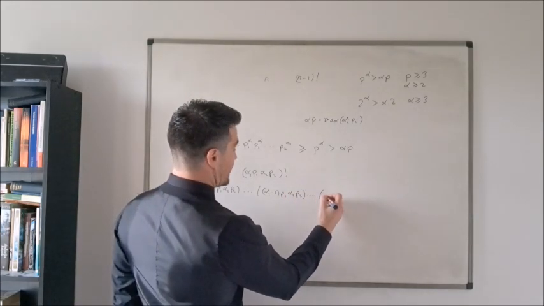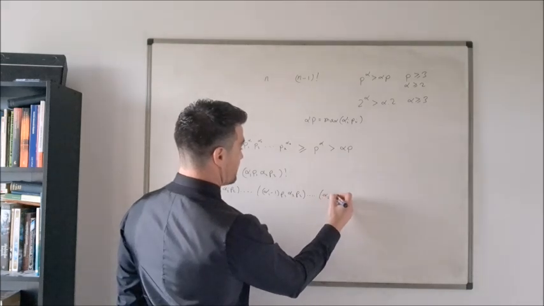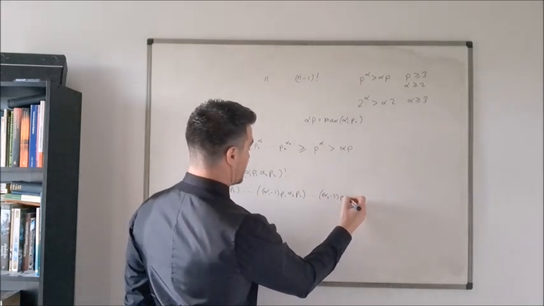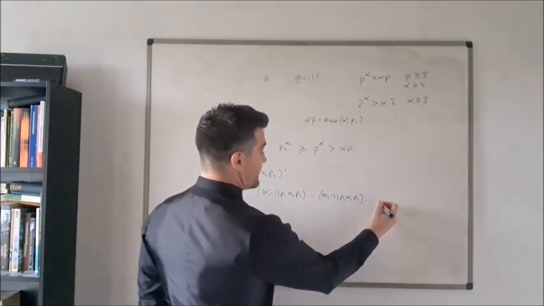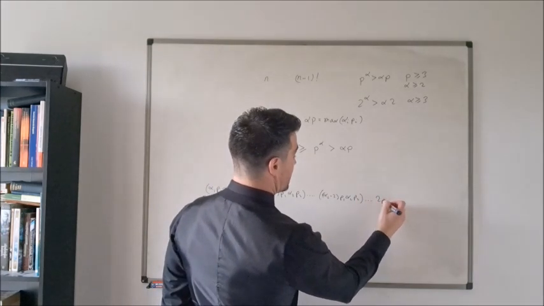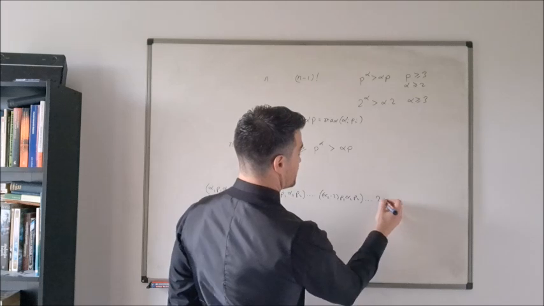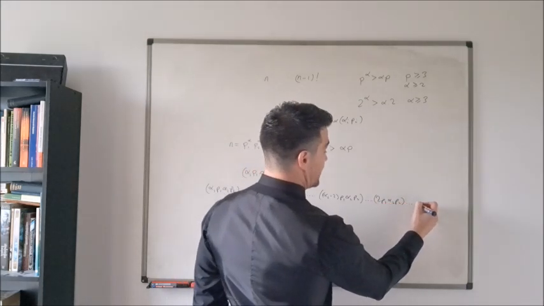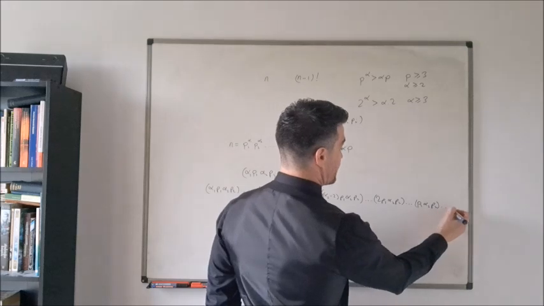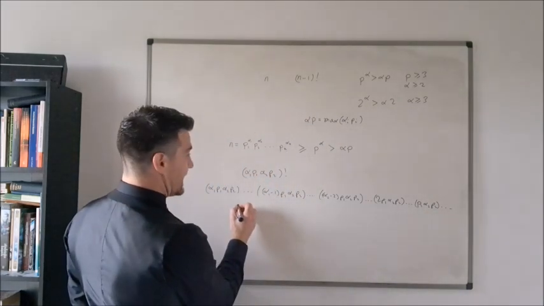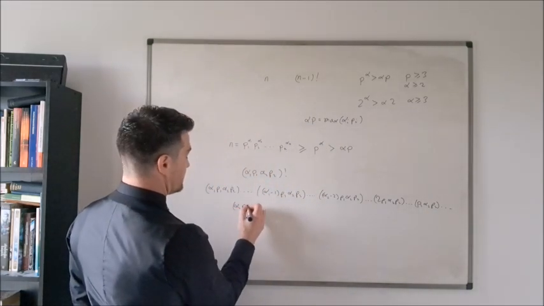Carries on, and I get to a stage where I get alpha 1 minus 2 times P1, alpha 2 P2. Carry on. Eventually I get to 2 P1, alpha 2 P2. Carry on. I get P1, alpha 2 P2. Carry on. What do I get to? I get to alpha 2 P2.